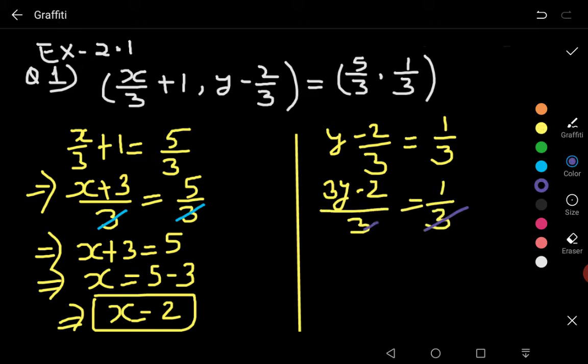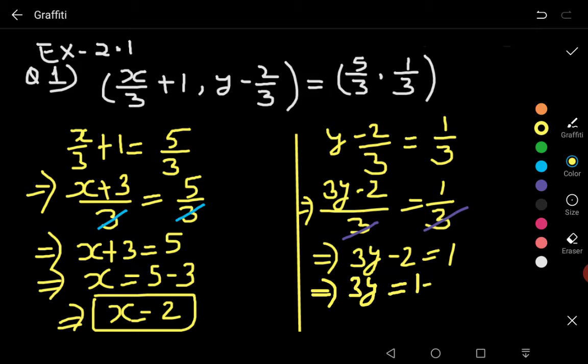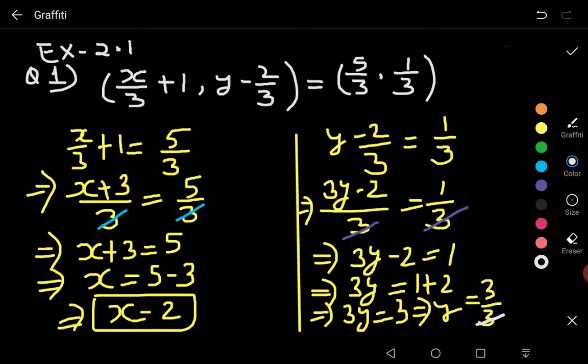So these 3 will be cancelled out from both sides, and from here we get 3y minus 2 equal to 1, that is 3y will be equal to 1 plus 2. So 3y equal to 3 and the value of y will be 3 by 3. So yes, you will get 1. So from here we get value of y is equal to 1.